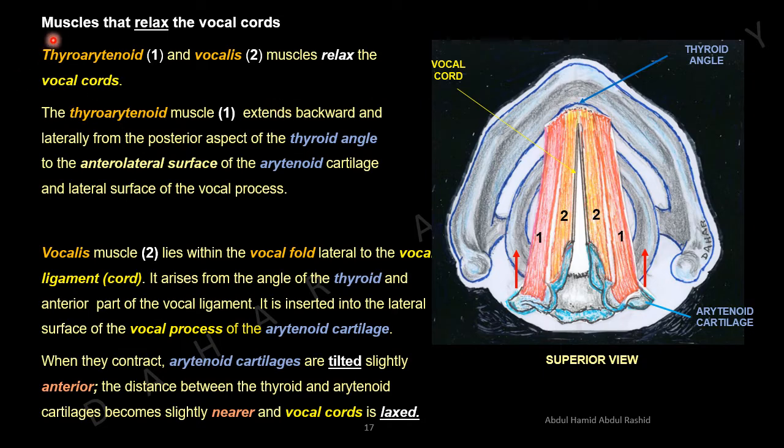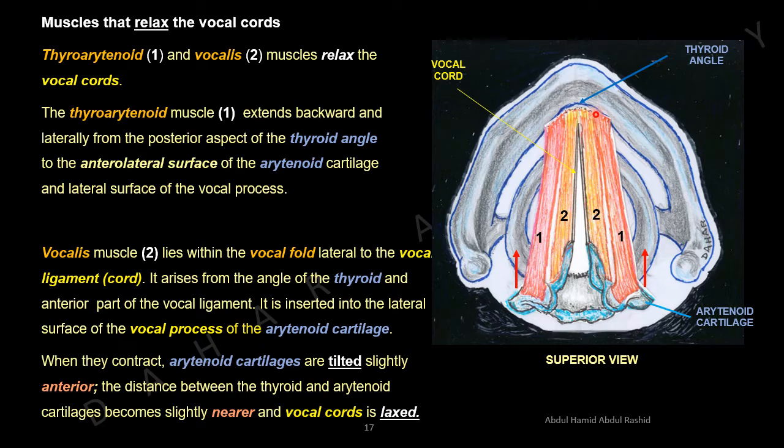Now let's talk about the muscles that relax the vocal cords. Thyroarytenoid, number 1, and vocalis, number 2 muscles. They relax the vocal cords. The thyroarytenoid muscle, number 1, extends backwards and laterally from the posterior aspects of the thyroid angle.